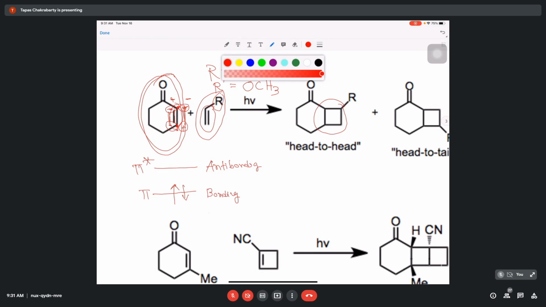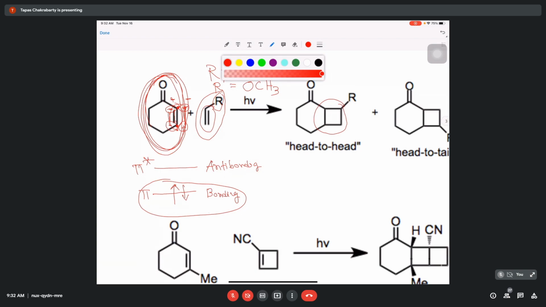But if this molecule absorbs light, then as you have learned, electrons are excited from the highest occupied orbital to the lowest unoccupied orbital. When a molecule contains this kind of structural motif, the highest occupied orbital is the bonding pi orbital, and the lowest unoccupied orbital is the antibonding orbital.